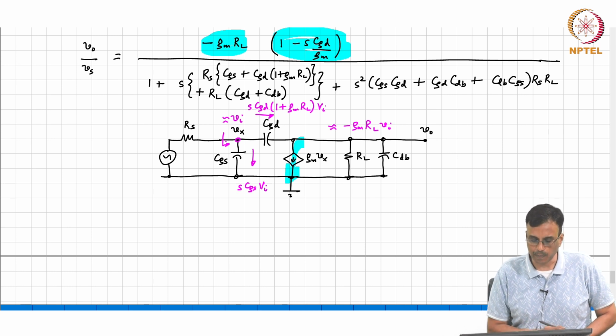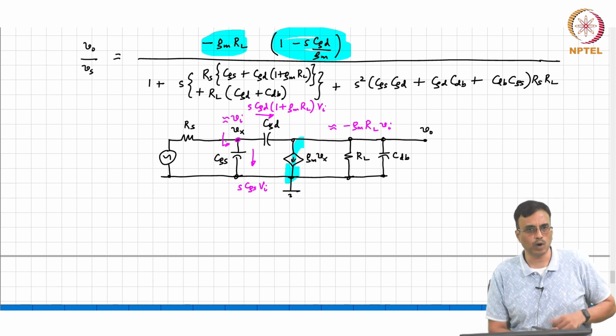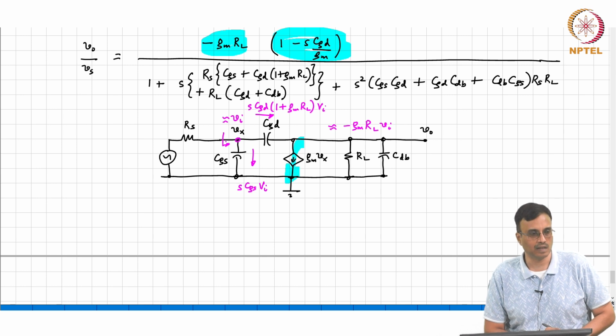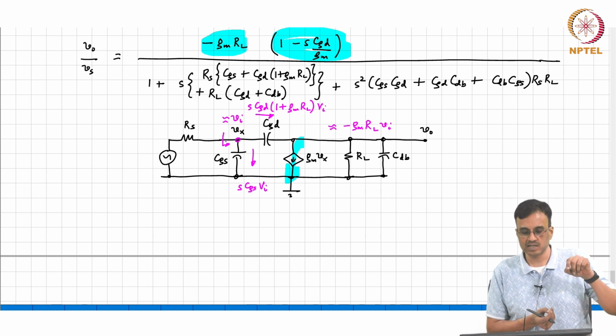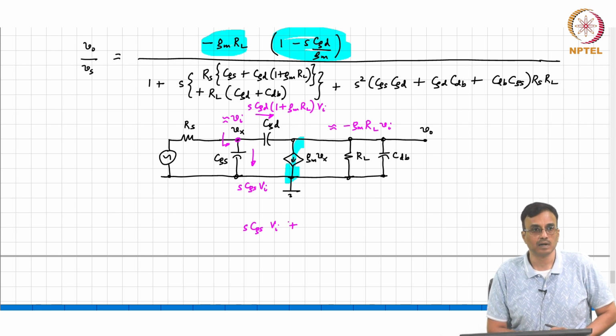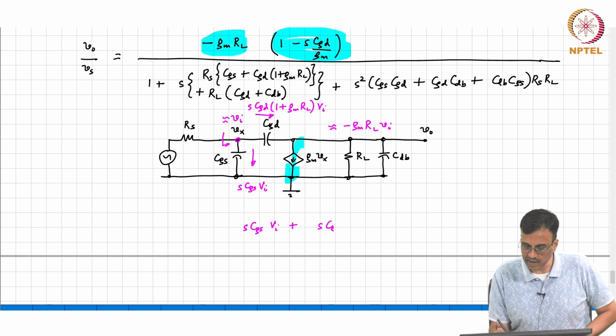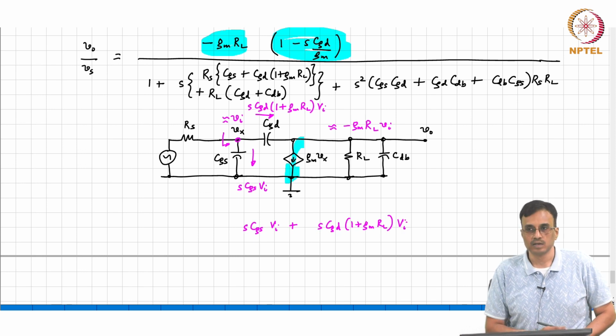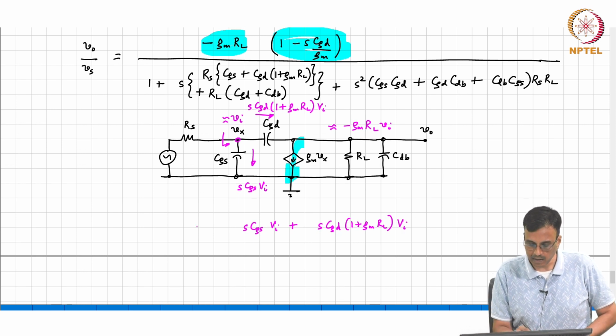So at low frequencies, what comment can we make about the impedance looking in? We have applied a voltage which is Vi. The current flowing is S CGS times Vi plus S CGD times 1 plus GMRL times Vi. So, this basically is the current.